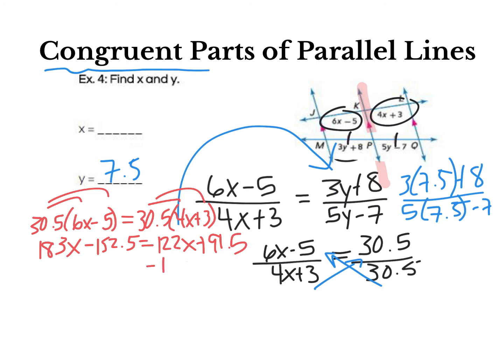I'm going to subtract the 122x on both sides to combine the x's. We have 183 minus 122. We get 61x minus 152.5 equals 91.5. We move the negative 152.5 to the other side, so we do the opposite.